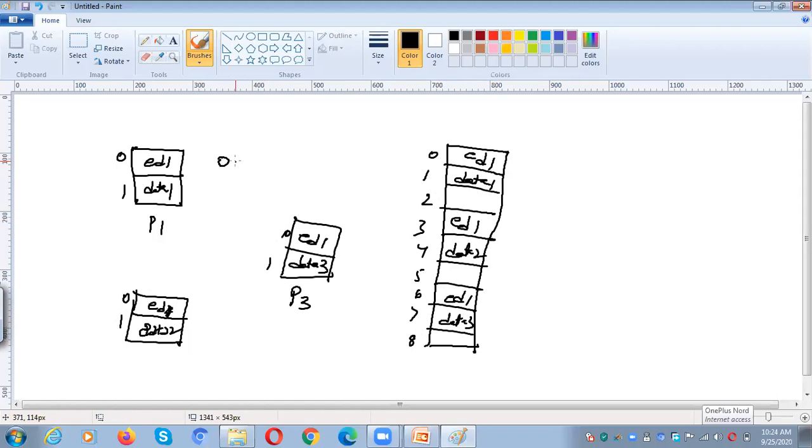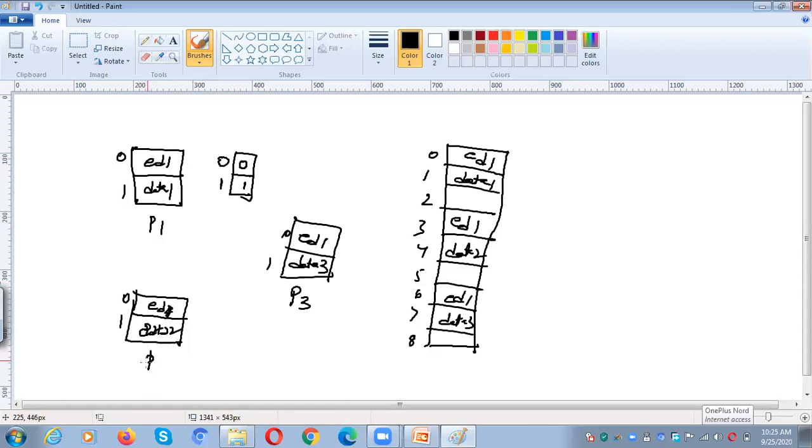Where is page 0 available? In frame 0. And next, where is page 1 available? In frame 1.